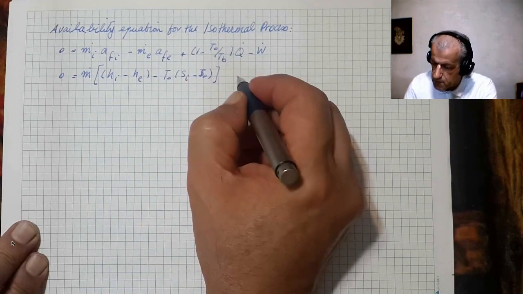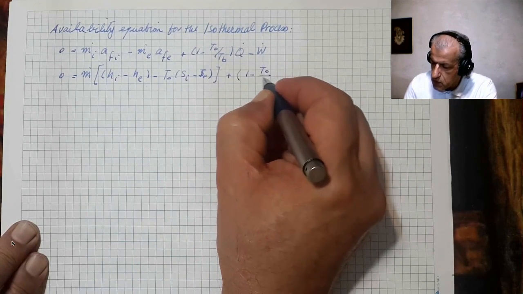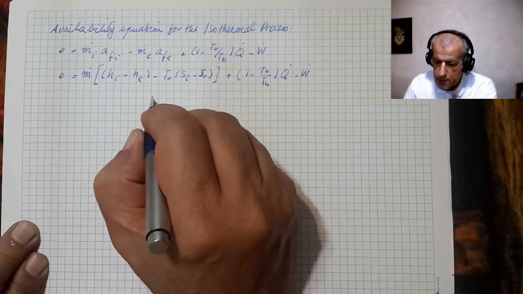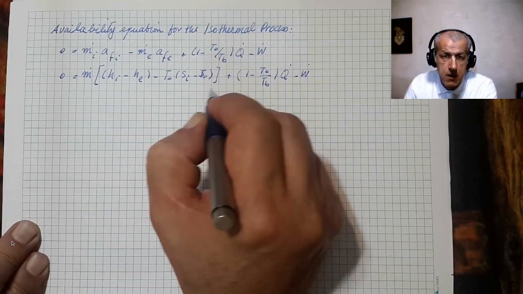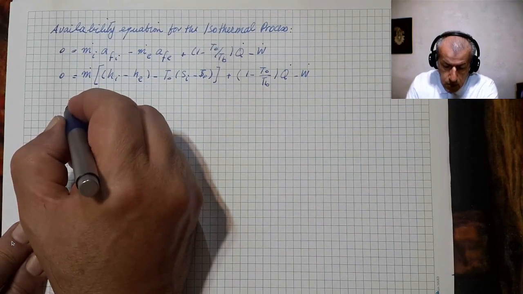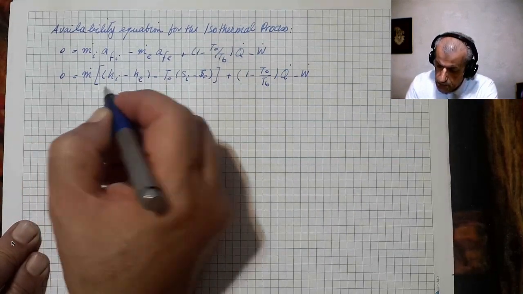And the rest would remain as they were: T0 over TB times Q dot and minus W dot. I would calculate these terms individually to see how they would contribute to this equation.